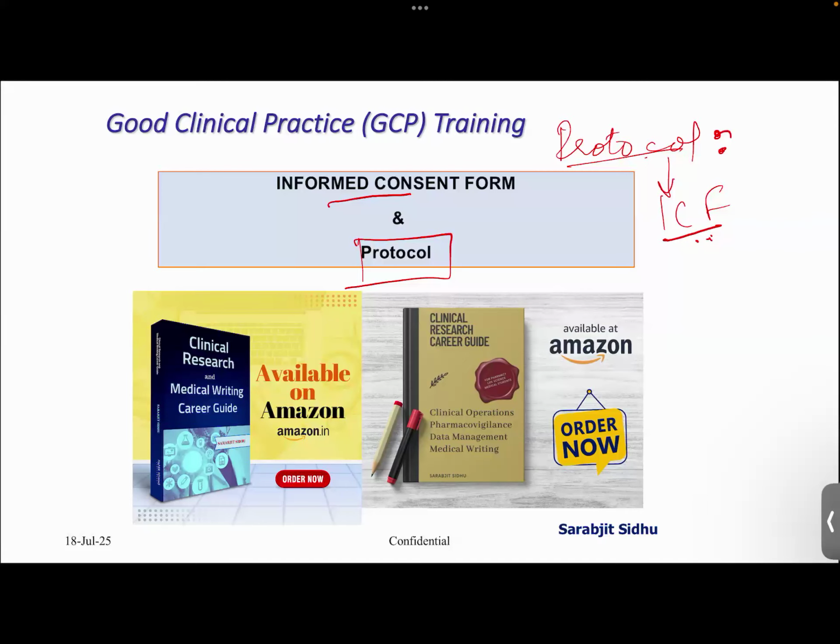So medical writers develop these two documents as a package. If you face an interview, people can ask you, do you write protocol, ICF along with protocol? You can say without any hesitation, yes.